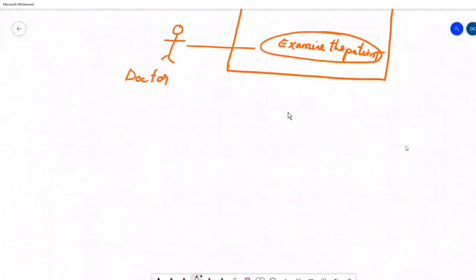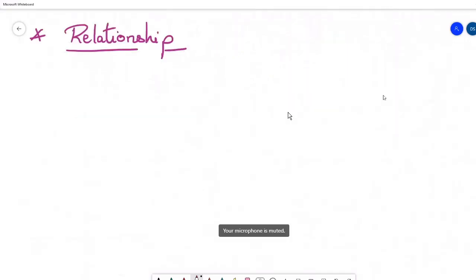So the next point was relationship. Now, between whom would we be studying the relation? This gives us the relation between two use cases.